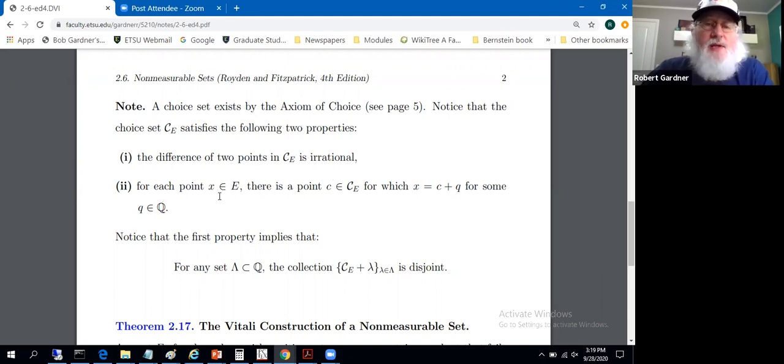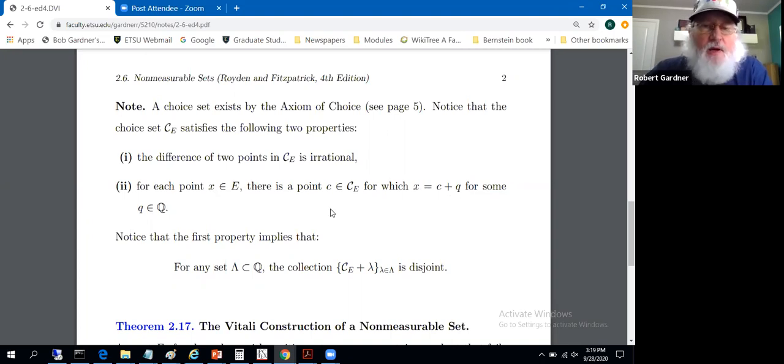For any point x in set E, there is a point in the choice set C sub E, call it lowercase c, for which x equals c plus q, where q is some rational number. Right. So c would be the representative chosen from the equivalence class containing point x. So I can recover point x by adding to c some appropriate rational number.